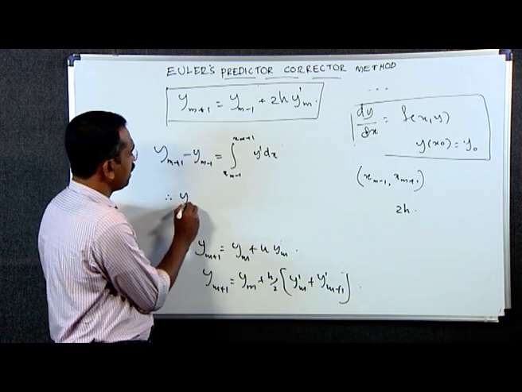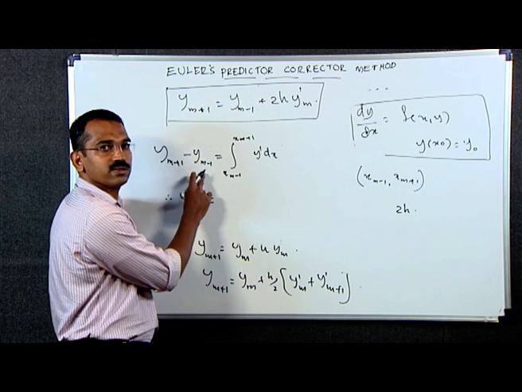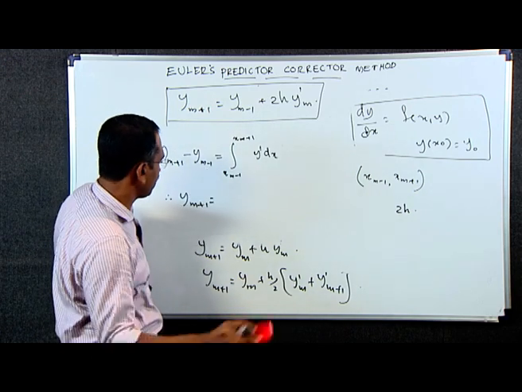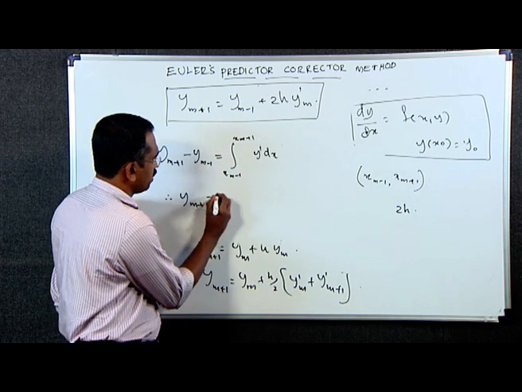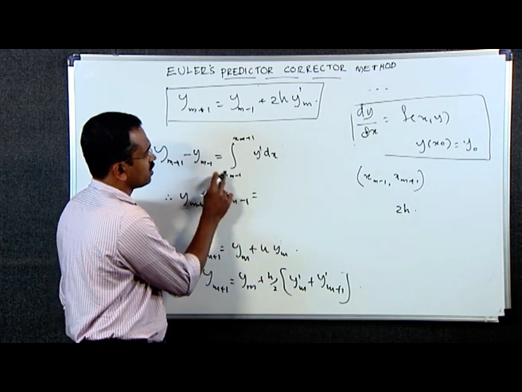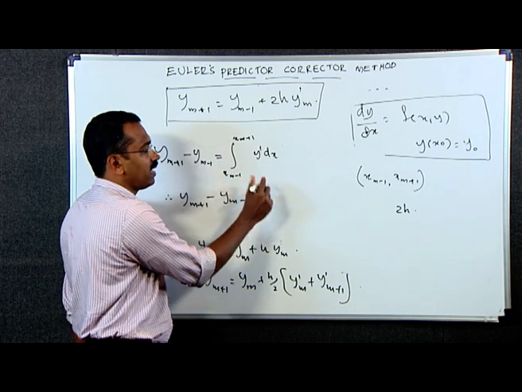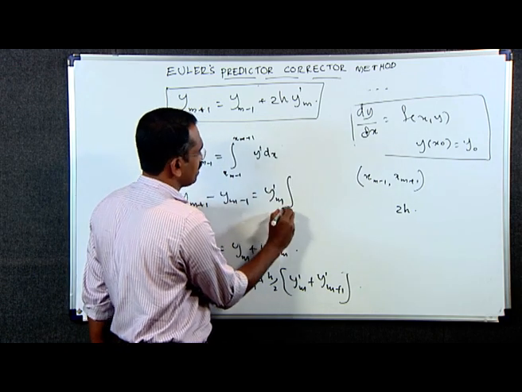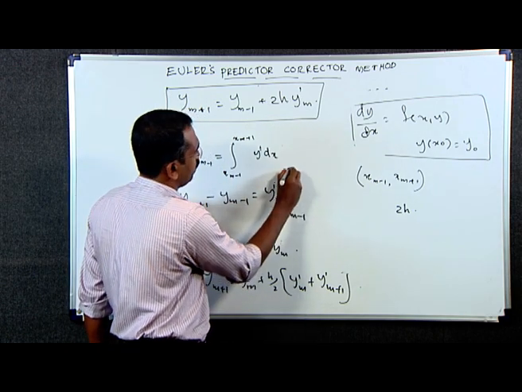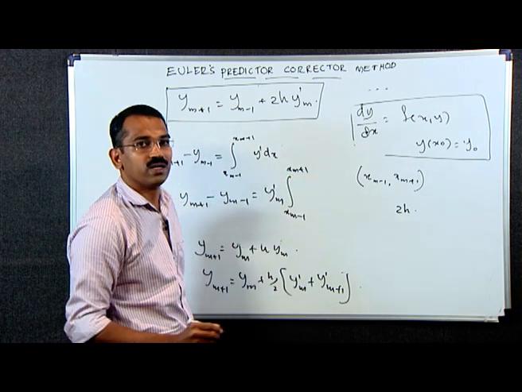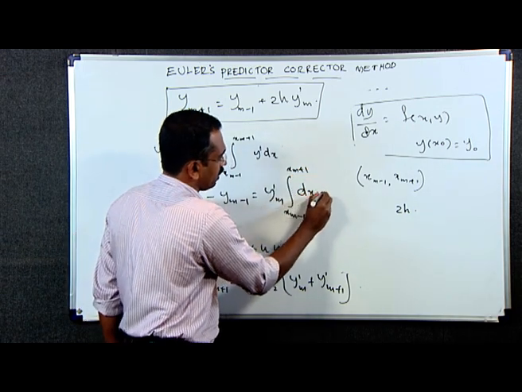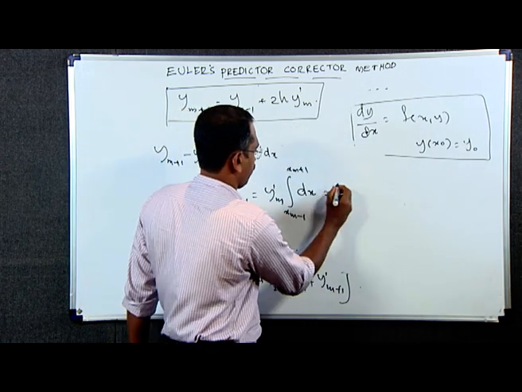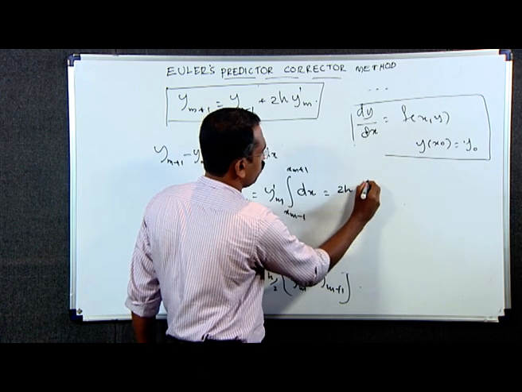Therefore, y m plus 1 minus y m minus 1 can be written as y dash m into the integral from x m minus 1 to x m plus 1 dx, that is equal to 2h into y dash m.